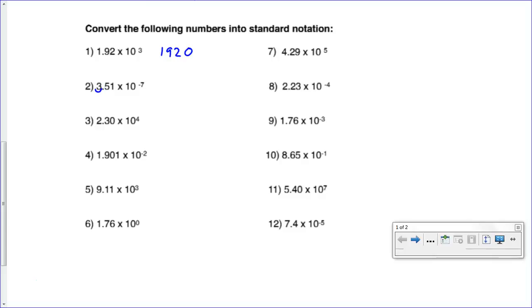We have to go 1, 2, 3, 4, 5, 6, 7 spots over. I moved it that way because we know it's going to be a really, really small number since it's 10 to the negative 7. Fill in the zeros where needed. We end up having 6 zeros, so it's 0.000000351.